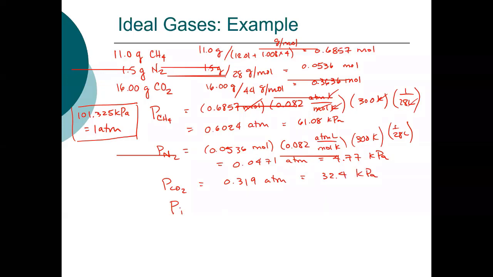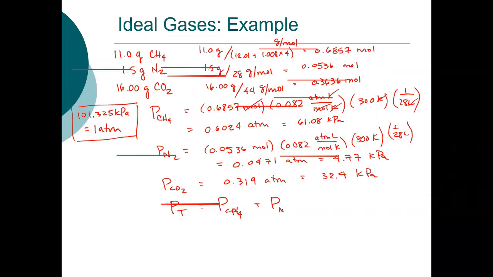So the total pressure is equal to the partial pressure of methane plus the partial pressure of nitrogen plus the partial pressure of CO2.